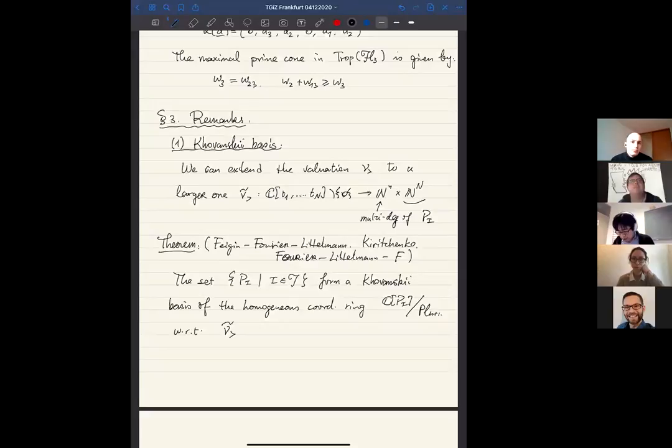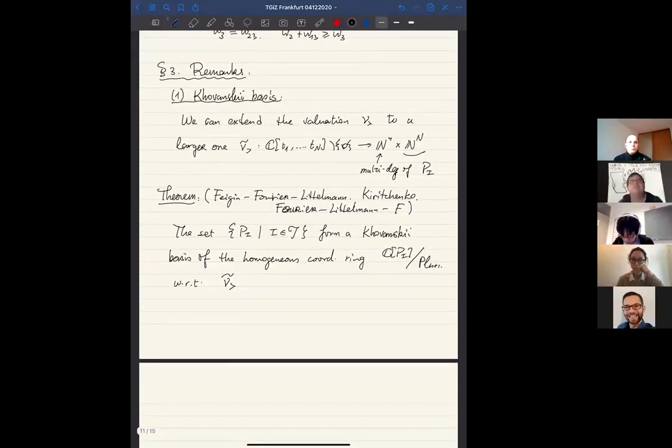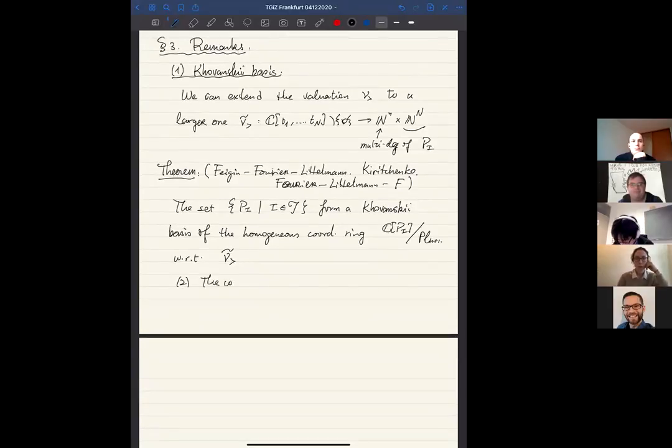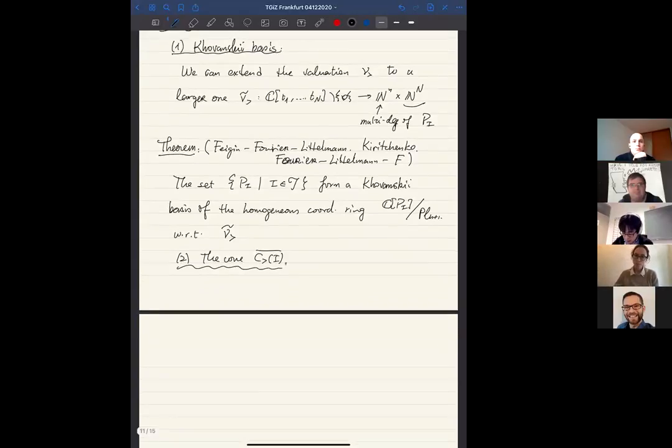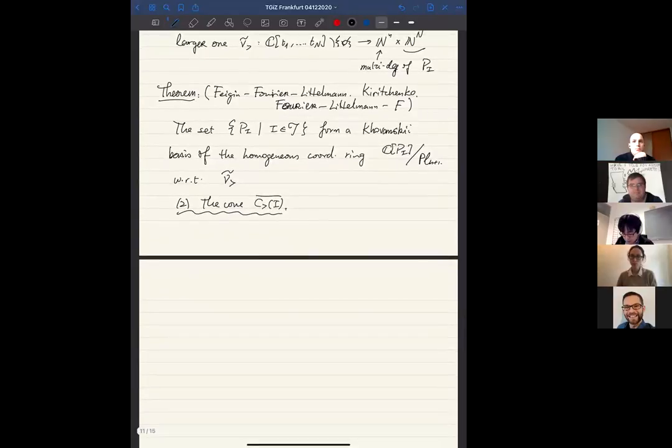And another thing I want to say is, what is this cone? How many minutes? 3 minutes? So, okay, then I can say something about this cone, the cone C-bar. This cone appears in many places recently in different areas.